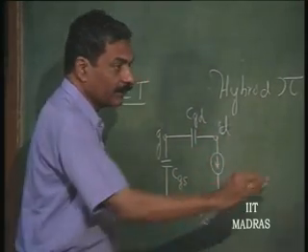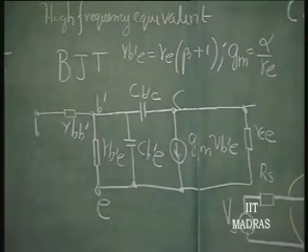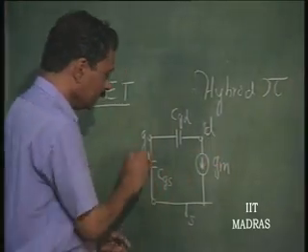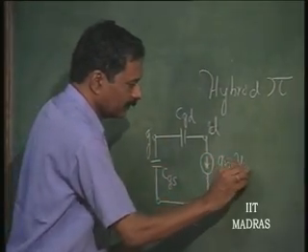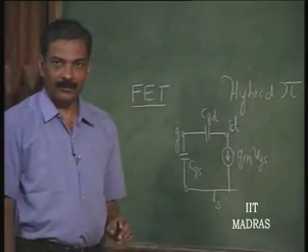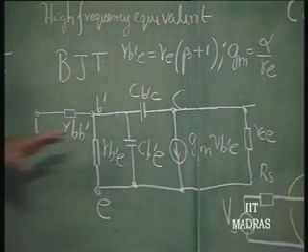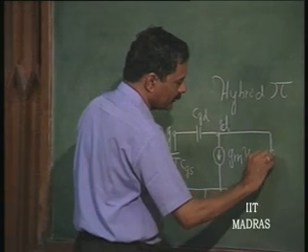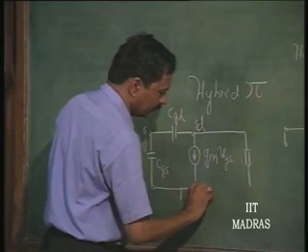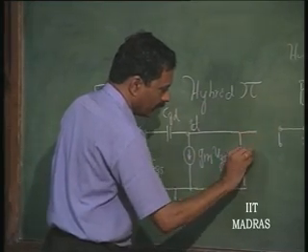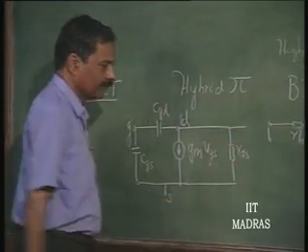Then we have the same thing, GM into, in this case, VGS, the low frequency equivalent circuit that we had discussed earlier. So, exactly same as that, and then across that we have RDS.